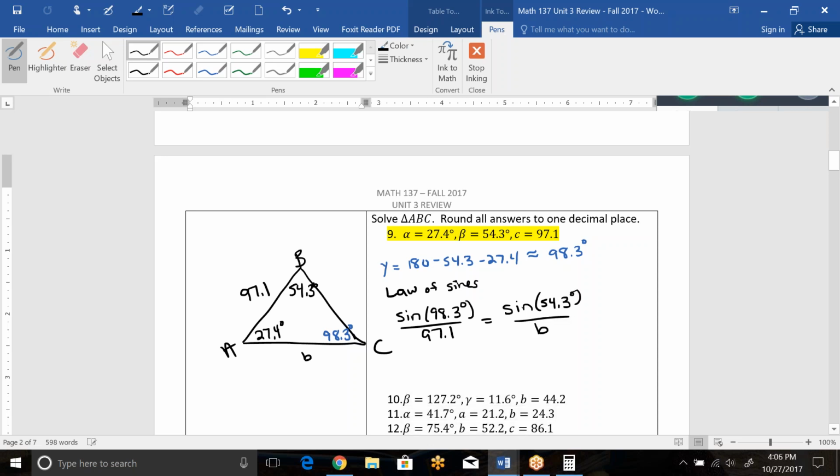By cross multiplying, we would do 97.1 times sine of 54.3 degrees, and then we'll divide that by what we get when we multiply the other diagonal, which is this sine of 98.3 degrees equals b.